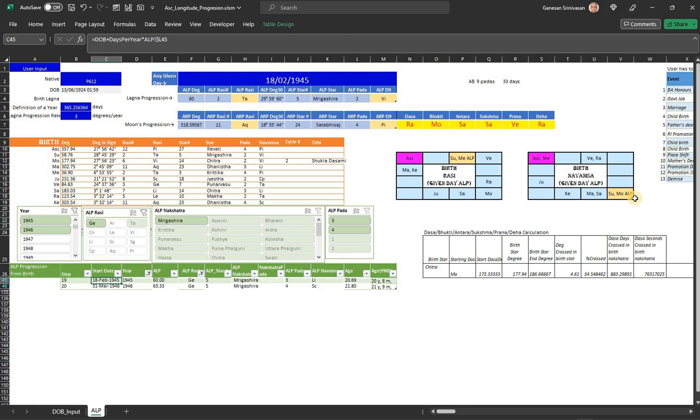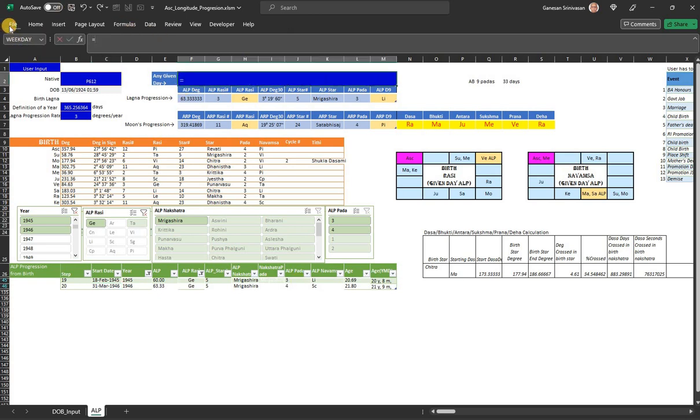And he got married in 1946. So let us check: in April 1946 he got married, which means this is the time frame when Mrigashira 4th Pada was running for Alp. So Mriga automatically this changes. He got married on April 9th, 1946. And if you want to, you can in fact overwrite this.